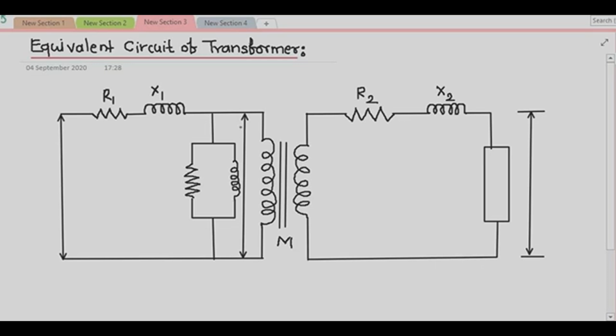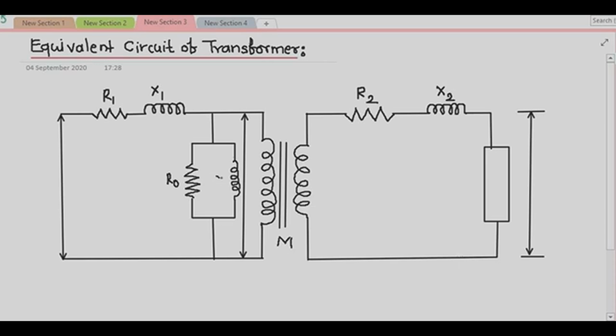Similarly, to account for the no load current I0 of the actual transformer, I have drawn one shunt circuit in the primary circuit which consists of R0 and X0.